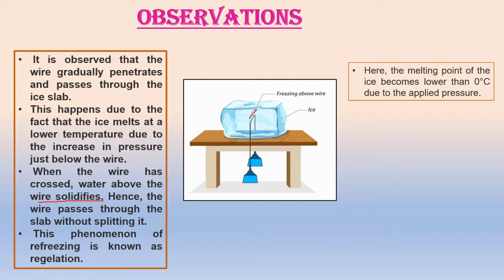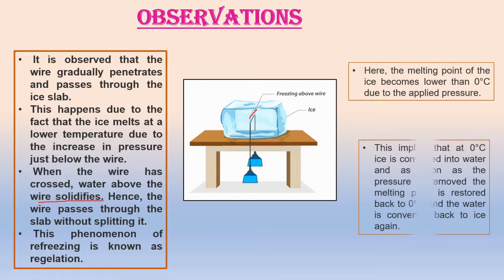Here the melting point of the ice becomes lower than 0 degrees centigrade due to the applied pressure. So the melting point of the ice becomes lower than 0 degrees Celsius due to the pressure applied on the ice slab.